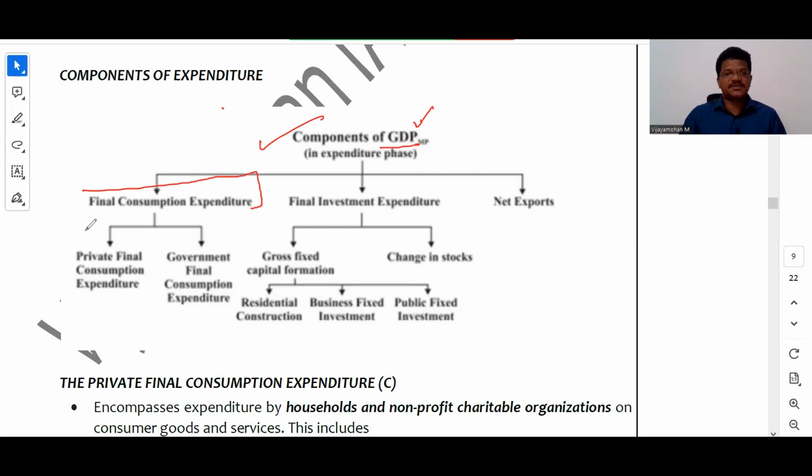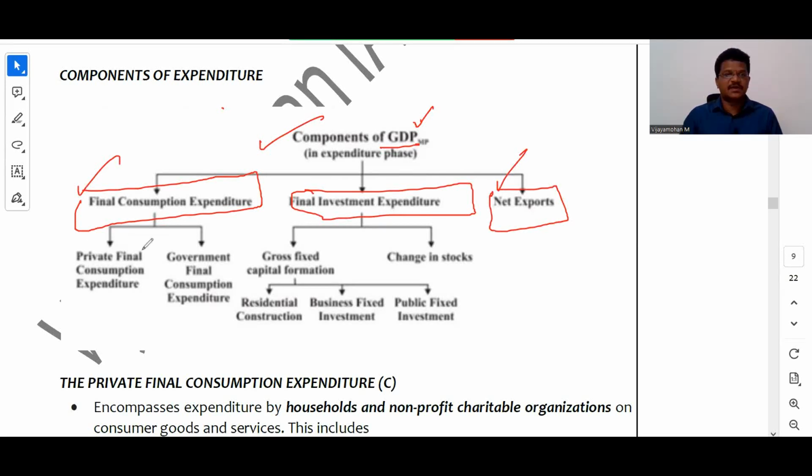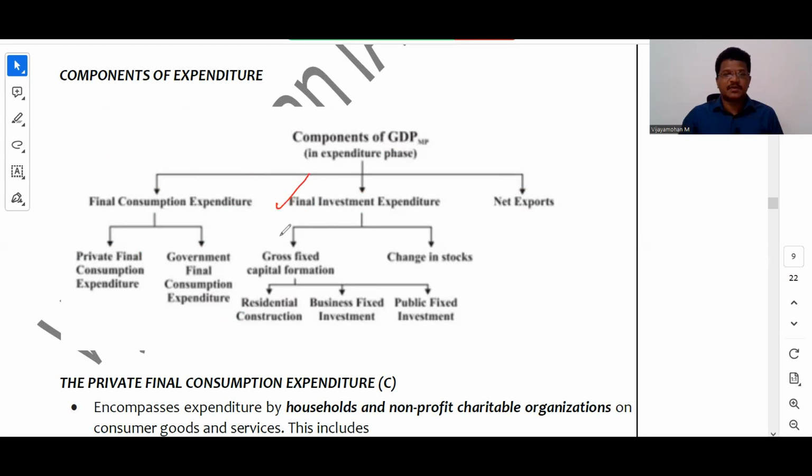So consumption expenditure ఉంది ఒక component, investment expenditure ఉంది, and then net exports. మళ్ళీ consumption expenditure లో ప్రైవేట్ ఫైనల్ కన్జంప్షన్ ఎక్స్పెండిచర్. ప్రైవేట్ ఫైనల్ కన్జంప్షన్ ఎక్స్పెండిచర్ అంటే ది కన్జంప్షన్ ఎక్స్పెండిచర్ విచ్ ఈస్ డన్ బై ది హౌస్ హోల్డ్ సెక్టర్ అండ్ బిజినెస్. సో బిజినెస్ అండ్ హౌస్ హోల్డ్ సెక్టర్ చేసిన ఫైనల్ కన్జంప్షన్ ఎక్స్పెండిచర్ ని ప్రైవేట్ ఫైనల్ కన్జంప్షన్ ఎక్స్పెండిచర్ అంటారు. అండ్ గవర్నమెంట్ ఫైనల్ కన్జంప్షన్ ఎక్స్పెండిచర్, గవర్నమెంట్ చేస్తున్న ఎక్స్పెండిచర్ ని గవర్నమెంట్ ఫైనల్ కన్జంప్షన్ ఎక్స్పెండిచర్. అండ్ ఫైనల్ ఇన్వెస్ట్మెంట్ ఎక్స్పెండిచర్. ఇన్వెస్ట్మెంట్ ఎక్స్పెండిచర్ లో మళ్ళీ 2: గ్రాస్ ఫిక్స్డ్ క్యాపిటల్ ఫార్మేషన్ అండ్ చేంజ్ ఇన్ స్టాక్స్.